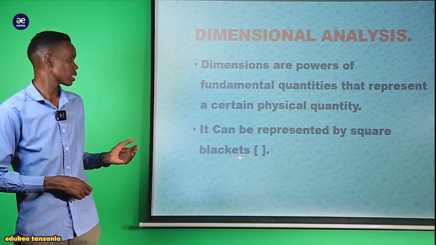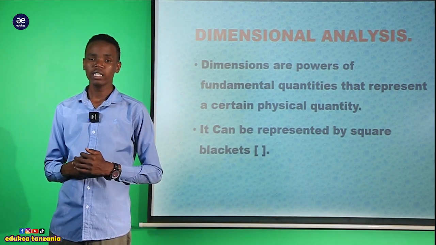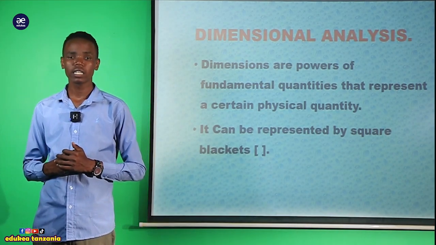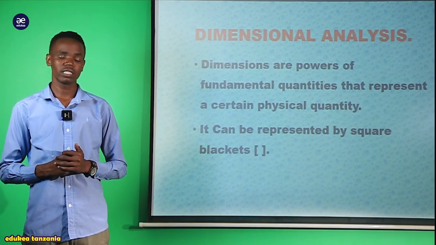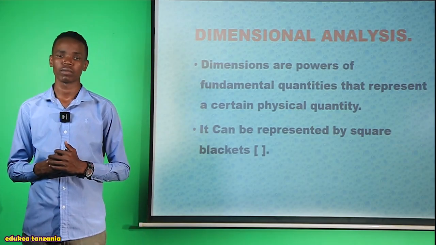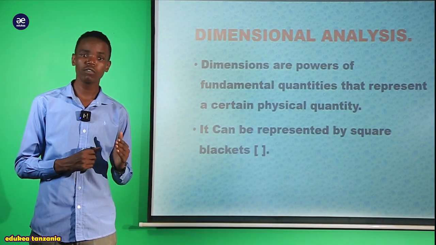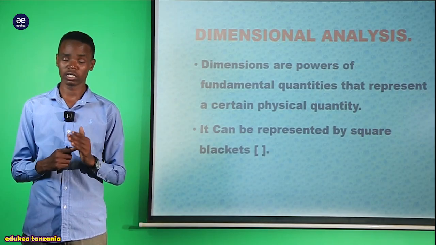As you can see here, it can be represented by a square bracket. What is the symbol that represents the dimensions? This is a question that will be asked in your examinations: can you give the symbol that represents the dimensions?